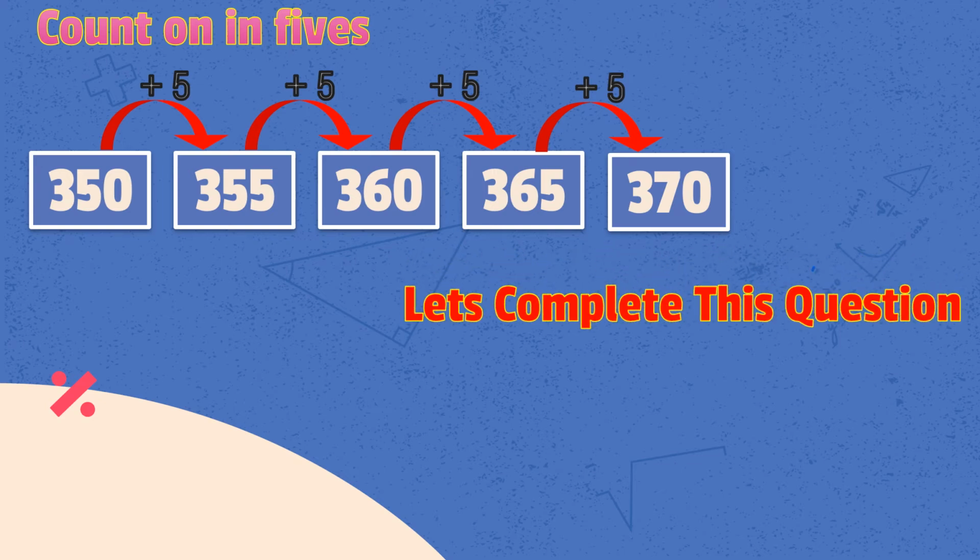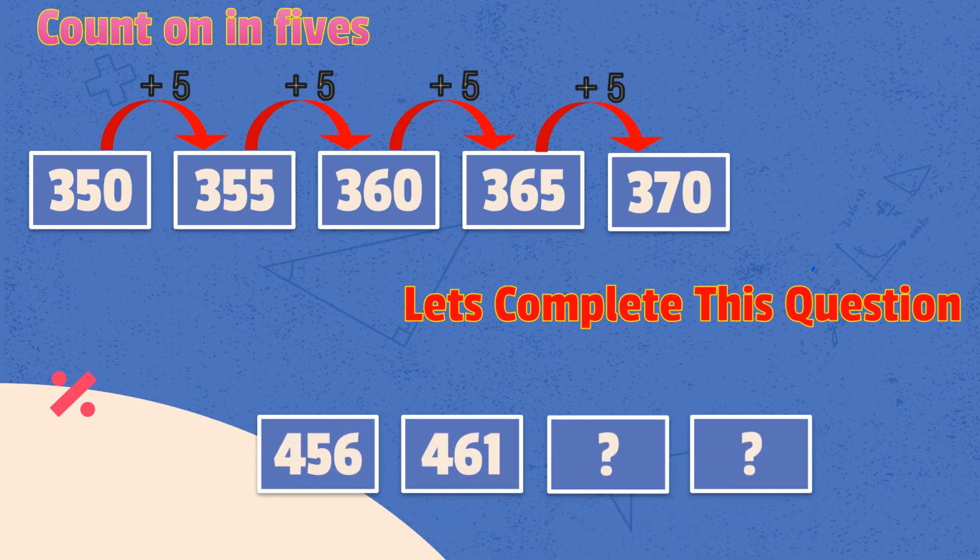Let's complete this question. First, take a look at this number. 456 to 461. It's bigger or smaller? Become bigger. That means we add 456 with 5 to get 461.